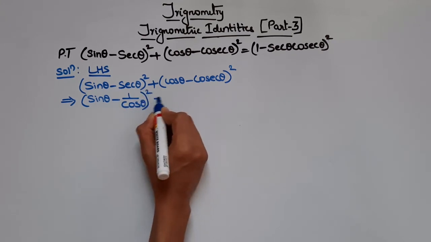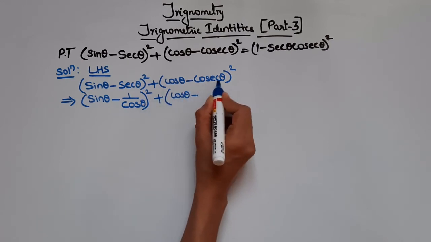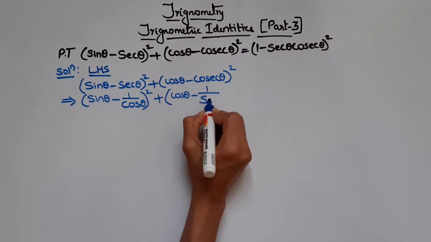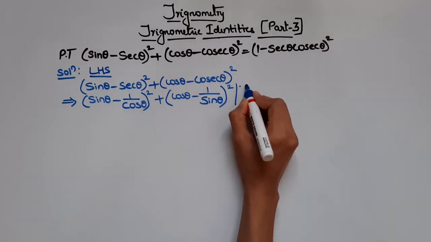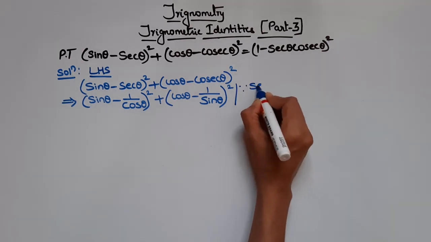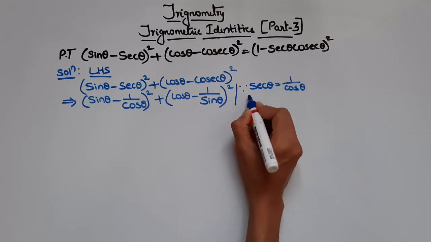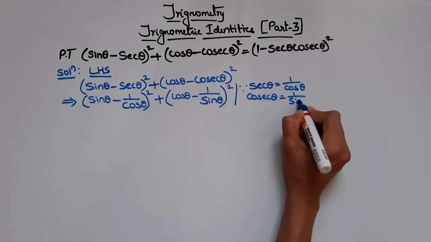The whole square plus cos theta minus cosecant theta. You can write cosecant theta as 1 by sin theta, right? The whole square. Since we know secant theta is equal to 1 by cos theta, similarly cosecant theta is equal to 1 by sin theta, right?